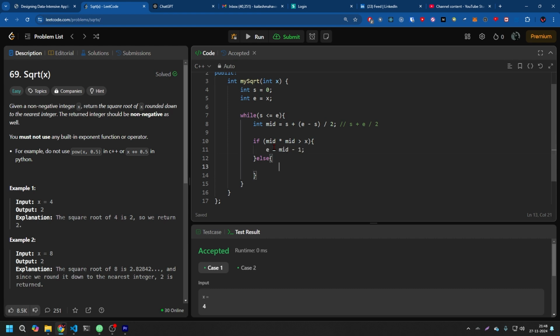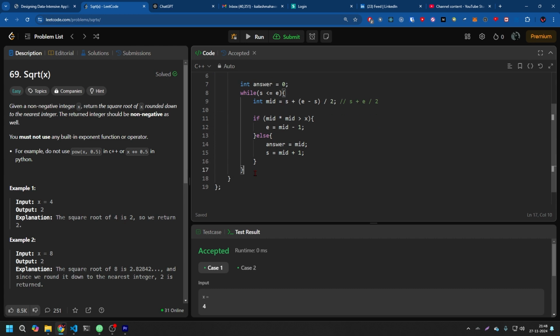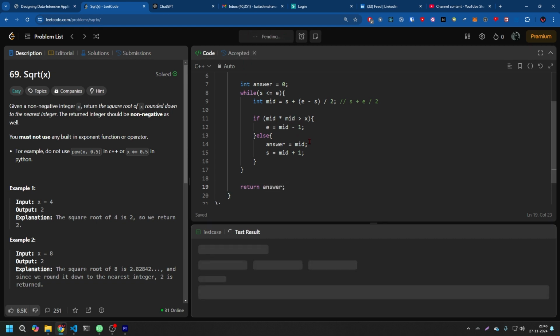Else, we can do s is equal to mid plus 1. And this mid could have been a possible answer, so I should store it in some variable. I say answer is equal to mid, and I'll declare the variable answer beforehand, equal to 0. And if I return answer at this point, we should get the solution.